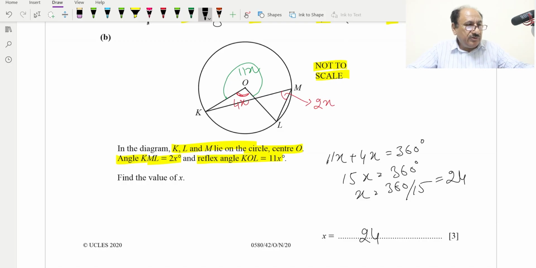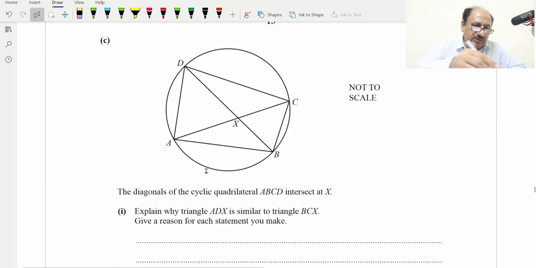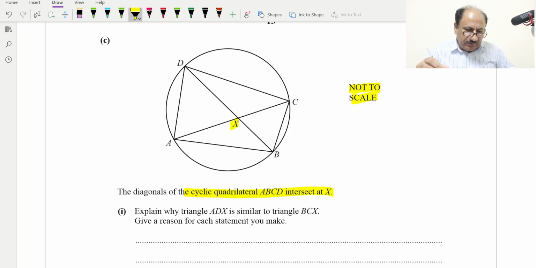Hopefully you understood this also. Now we can move to the next, the C part. Again it is not to scale and a circle is provided. In this circle they are saying the diagonals of the cyclic quadrilateral ABCD intersect at X. This is the point X where they are intersecting.